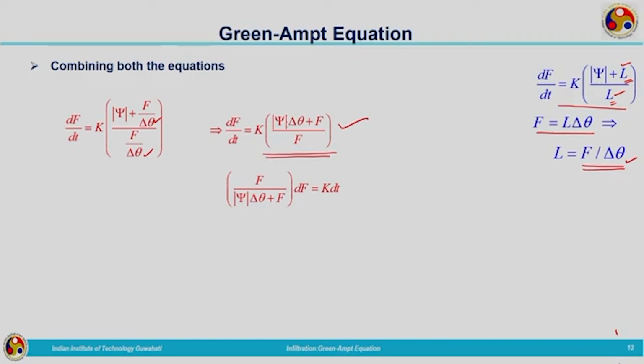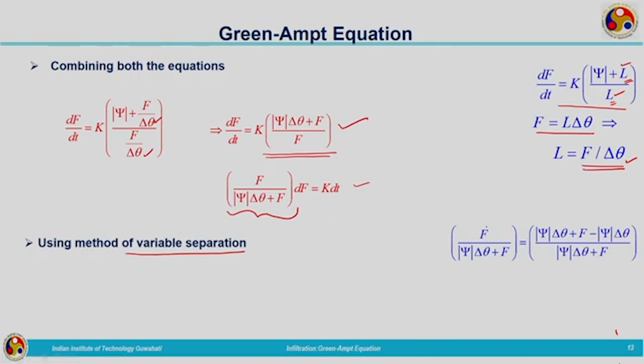integrating that particular equation. So, these terms have been rearranged in such a way that it will look like this: f divided by f plus psi delta theta df is equal to k dt. Now, using the method of variable separation, we will rearrange this particular term for making the expression to be in the simple form.